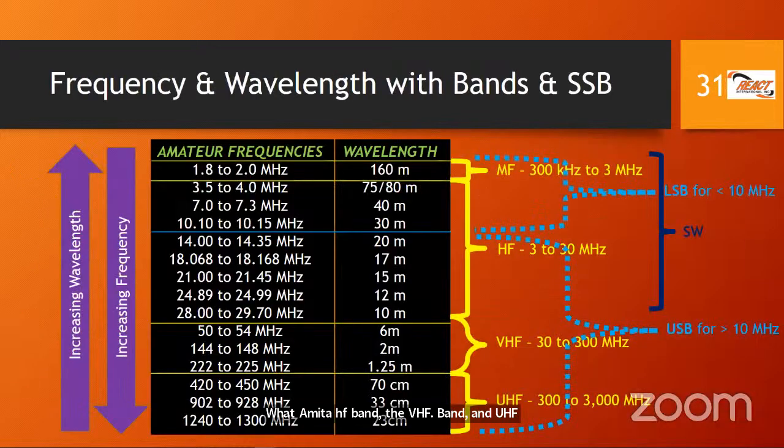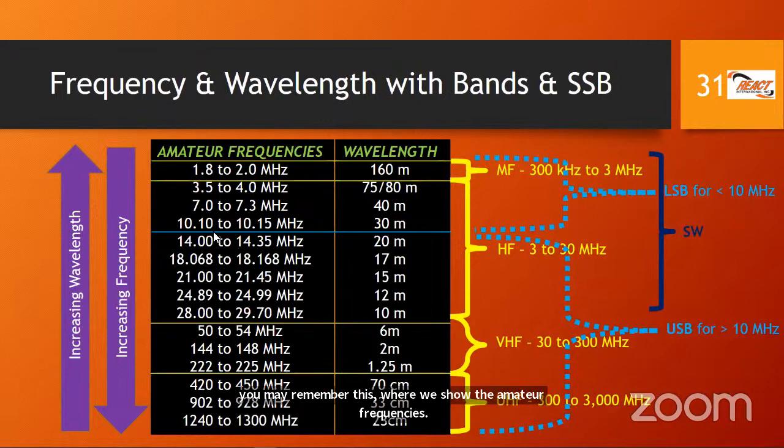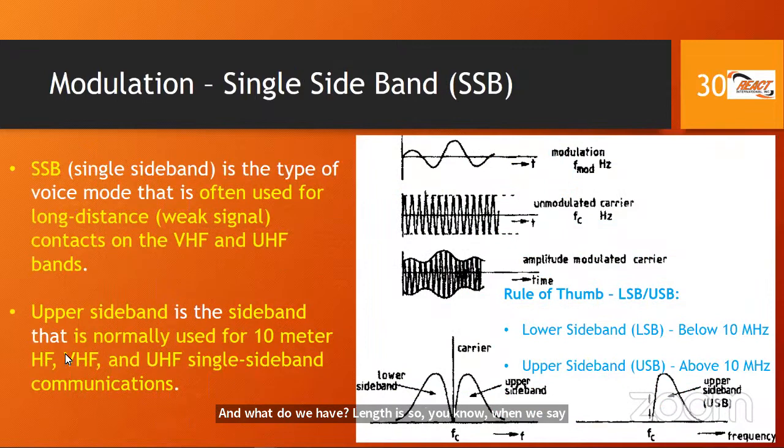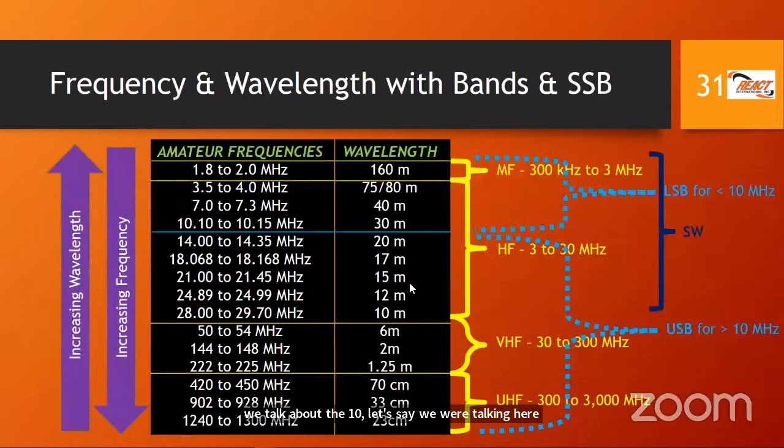So we did a little diagram here that hopefully will illustrate that. You may remember this, where we show the amateur frequencies and what the wavelength is. Let's say we were talking here about the 10 meter HF band. 10 meters is 28.0002 to 29.700 megahertz, right?